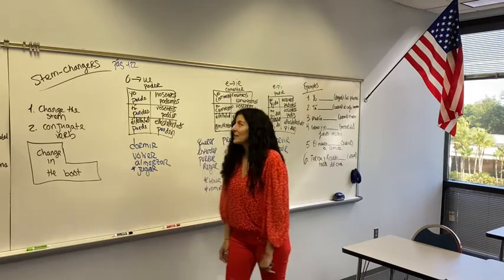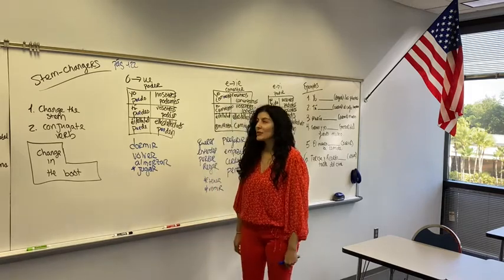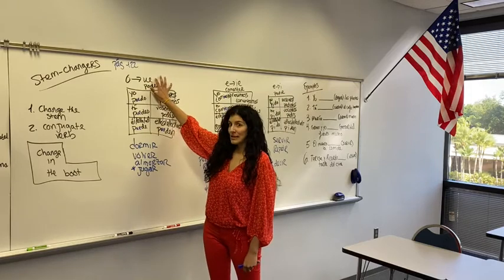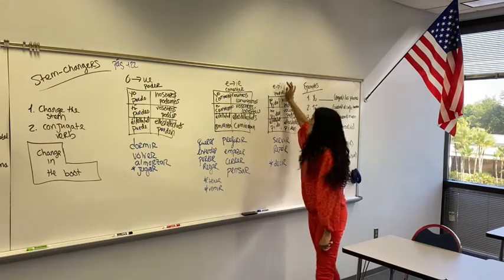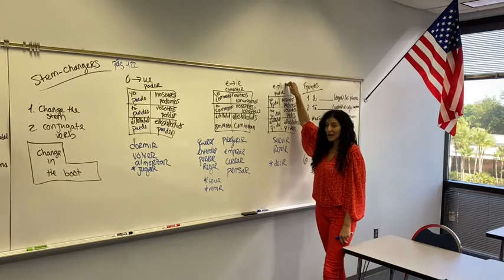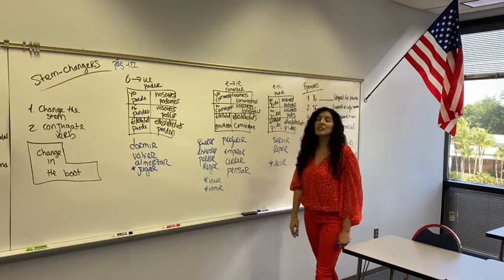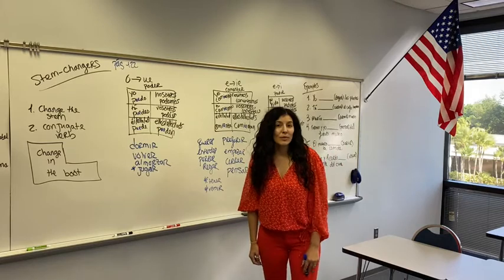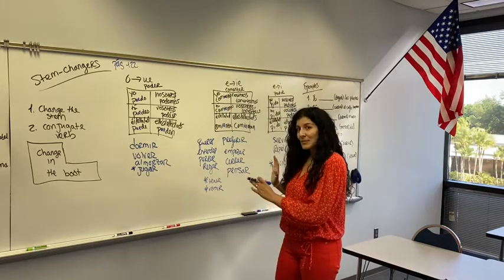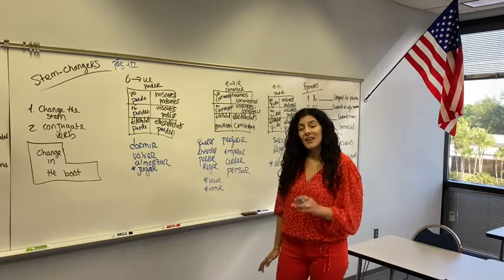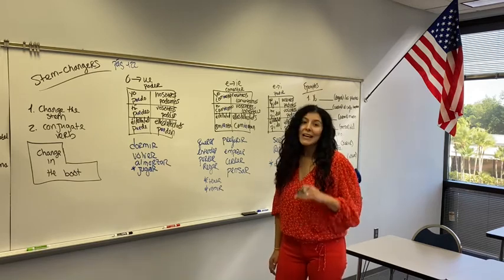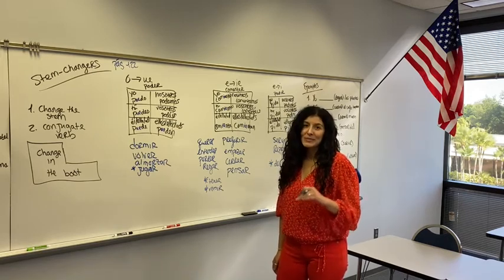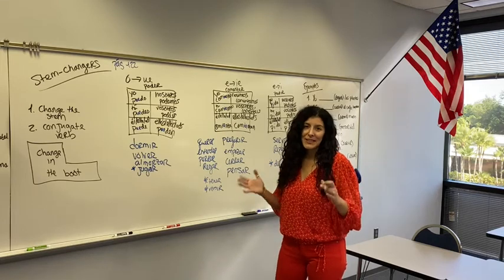The first pattern is O to UE. The second is E to IE, and the third is E to I. It's important to note that how they stem change in the present is not how they stem change in any other tense in Spanish. It is just how these verbs stem change in the present tense only.